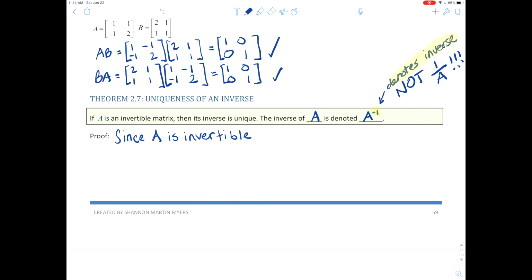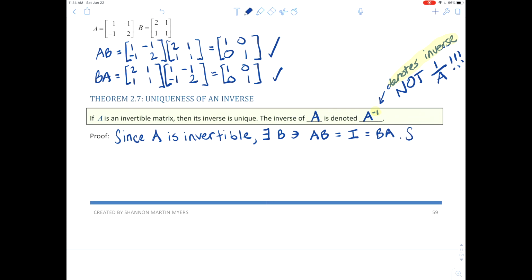Since A is invertible, there exists some matrix B such that A times B equals the identity matrix, which equals B times A. Groovy?